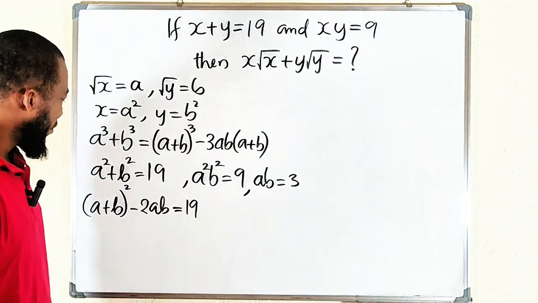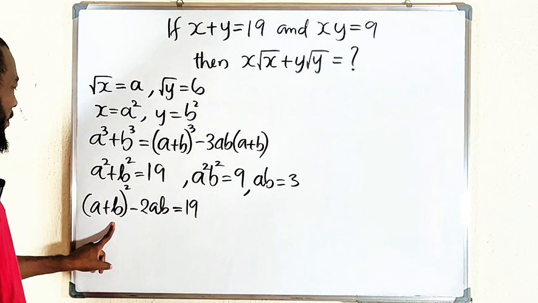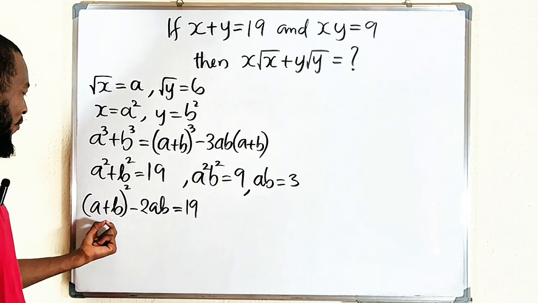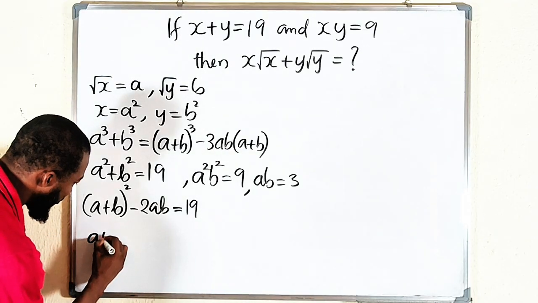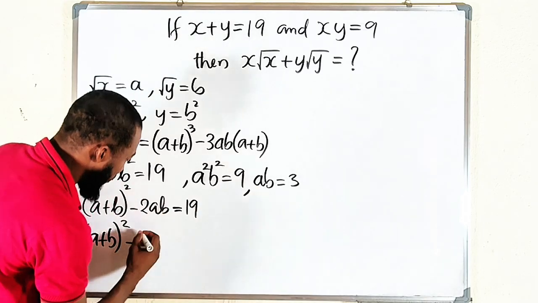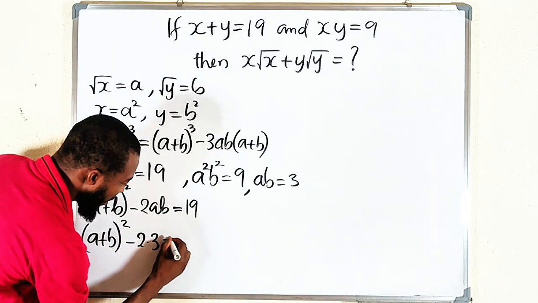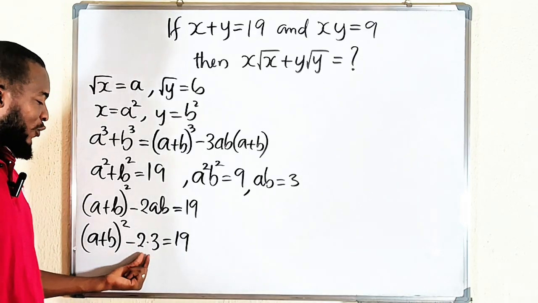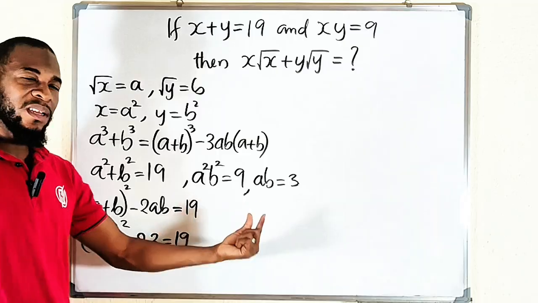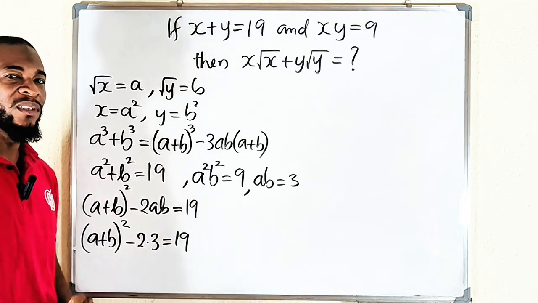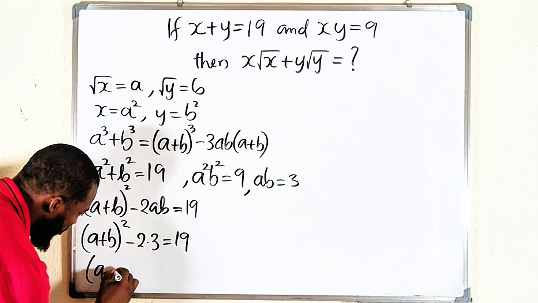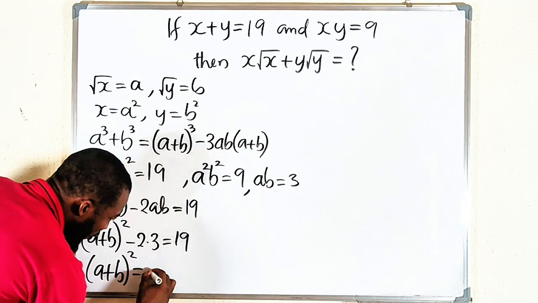Wow. Now we can do another substitution here. Do we have a plus b? No, we don't have such, so instead, let us find it. (a plus b) squared minus, but ab is already 3, so this is 2 multiplied by 3, equal to 19. 2 multiplied by 3 is 6, so this is negative 6, and once negative 6 crosses over, it becomes positive 6. 19 plus 6 is 25, which implies that (a plus b) to the power of 2 is equal to 25.